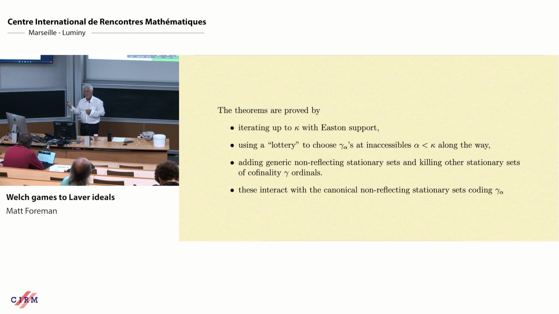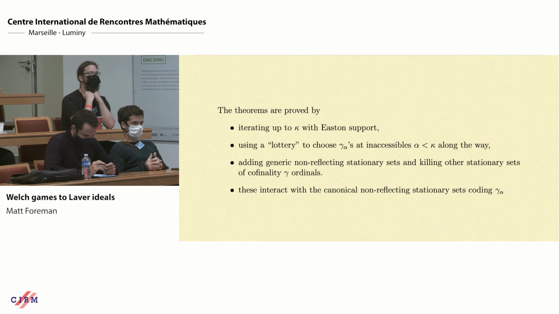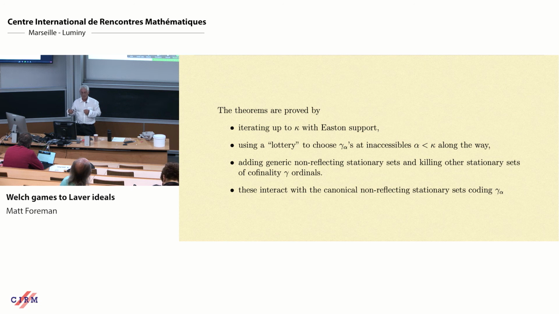The theorems are proved by iterating up to kappa with Easton support. You use a lottery to choose the gamma alphas at inaccessible alphas less than kappa along the way. In other words, you get to alpha, you flip a coin, you roll a dice, and you choose gamma. That's a condition, so the condition decides what gamma you have.